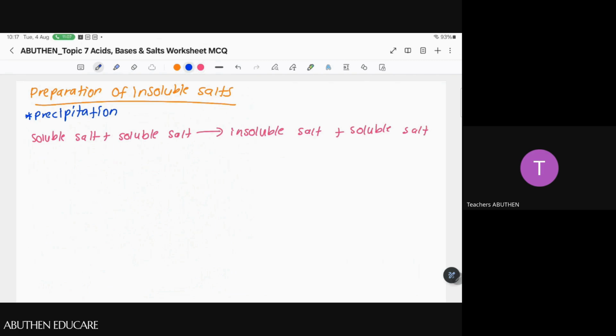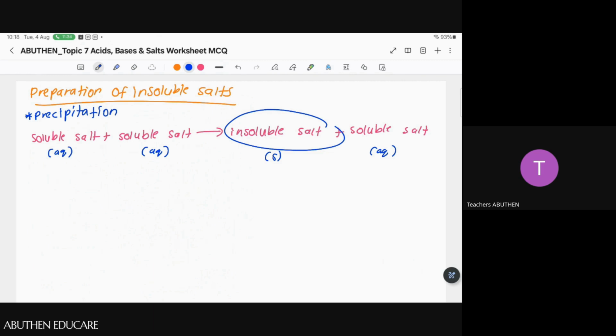Soluble salt will be in the aqueous form, so when you look at the chemical equation, you can identify whether it's soluble or not. Insoluble salt will be in the solid state, and soluble will be aqueous. These are the brief ideas on how we conduct this precipitation reaction.